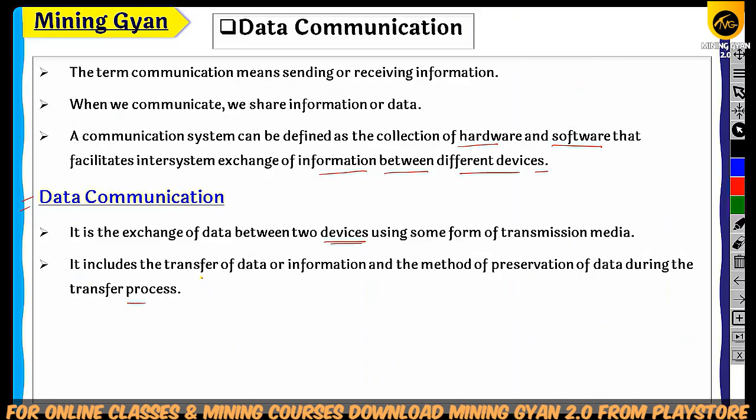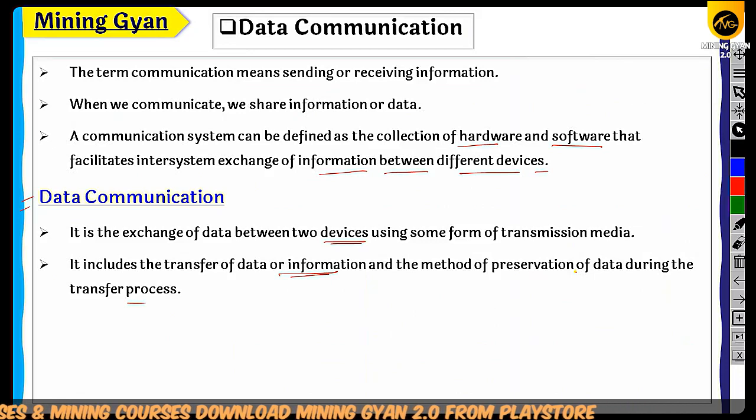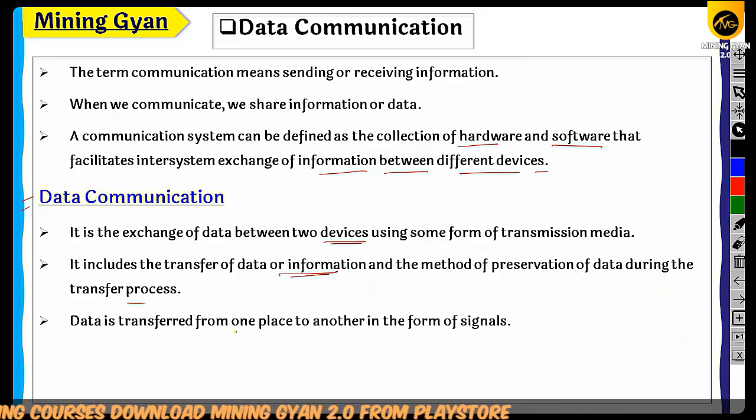So basically, data communication is the combination of transferring the data or information and the methods of preservation of data. What method will be used to store the data during that communication or transfer between different sources. Okay, the data is transferred from one place to another in the form of signals.